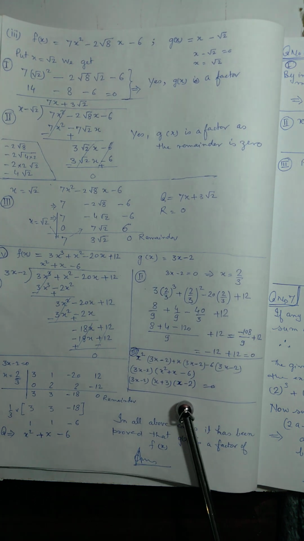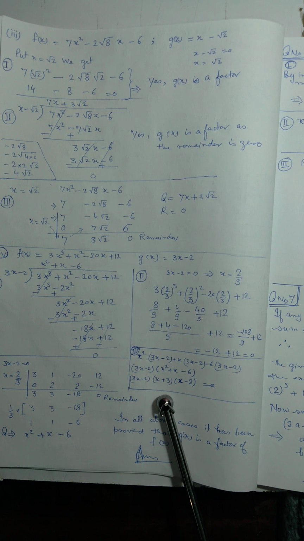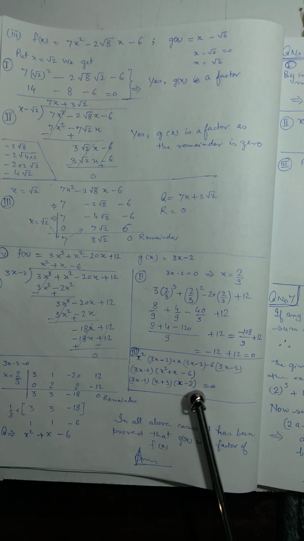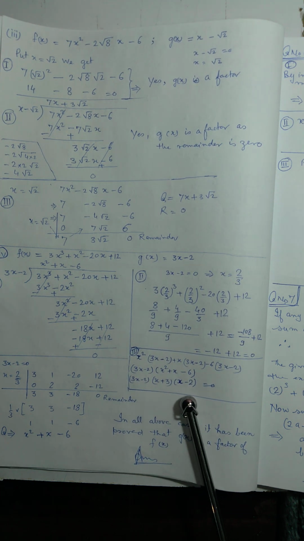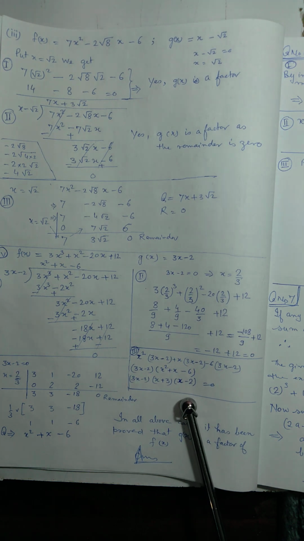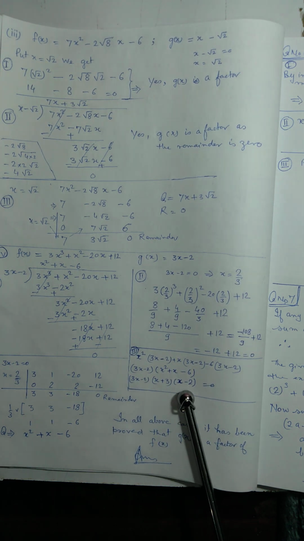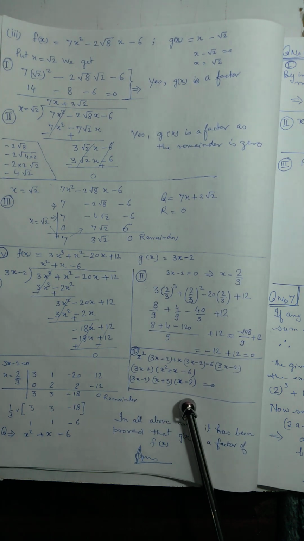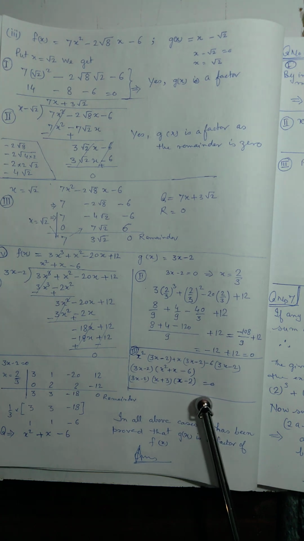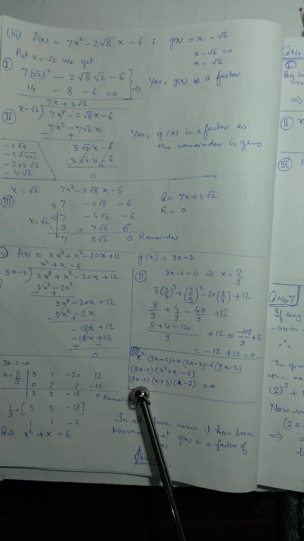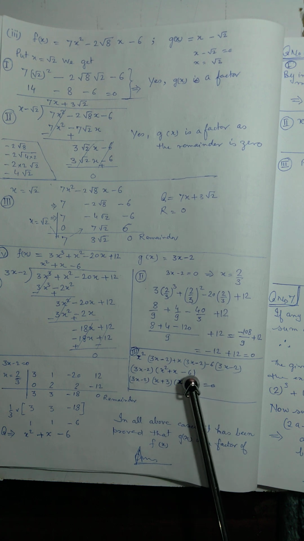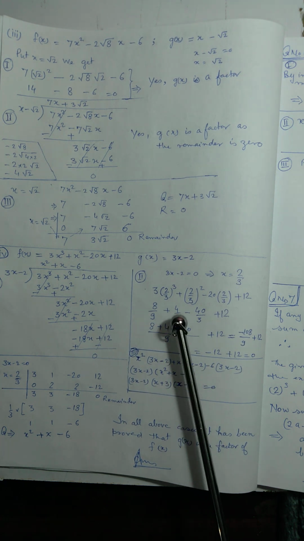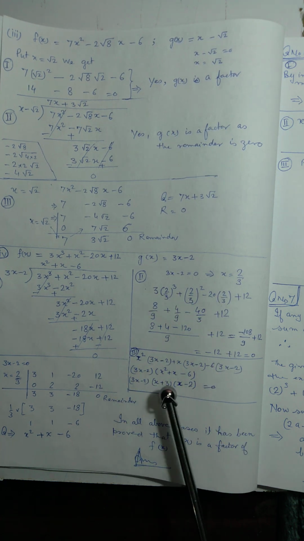So one should be negative and one should be positive in order to get minus 6. So which will be the negative? The lesser will be negative. Last is negative, lesser negative. So (x plus 3) into (x minus 2). These are the other two factors.